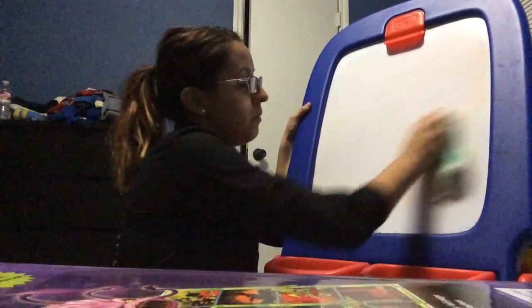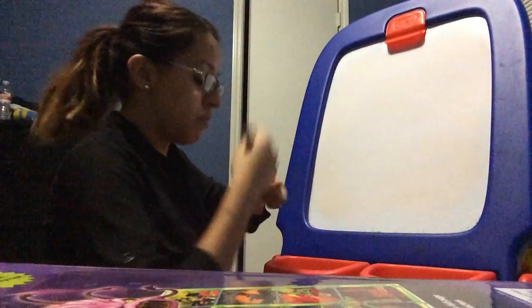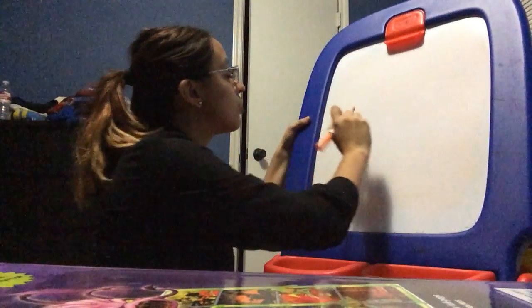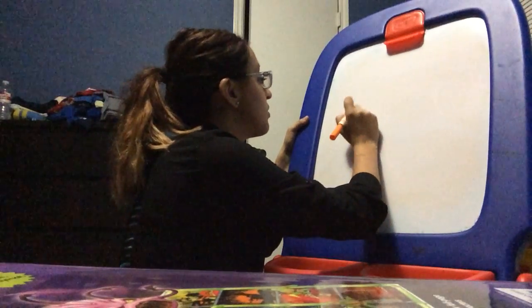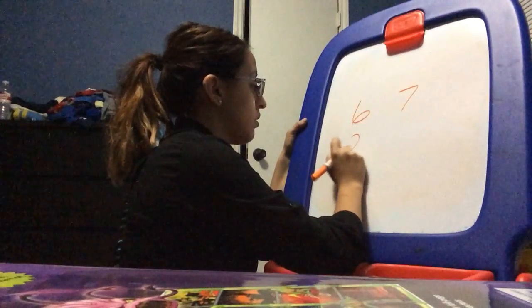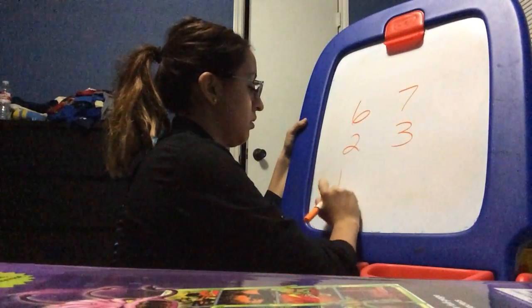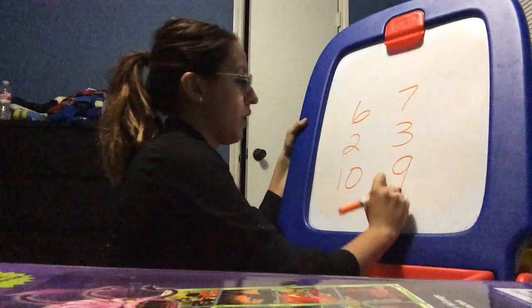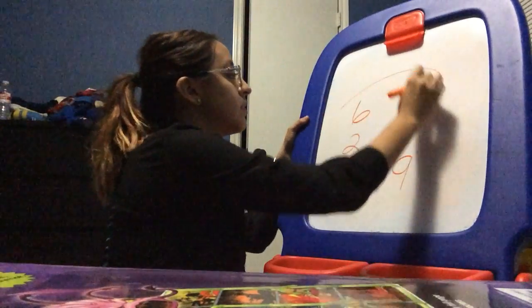Okay, so let me see if you can tell me which numbers are bigger, if you can compare and contrast numbers. So here's some numbers. Okay, so 6 and 7.